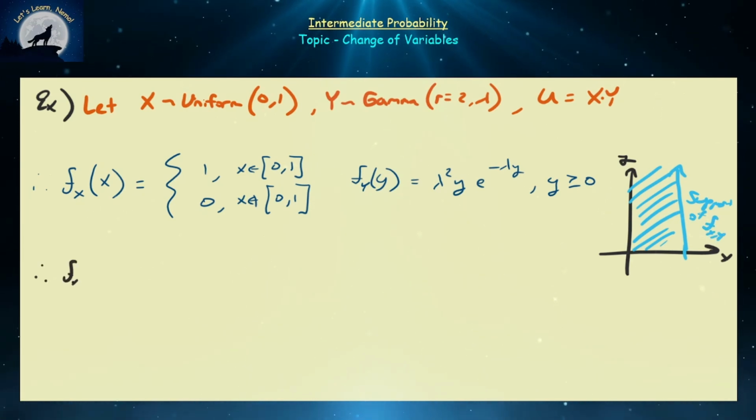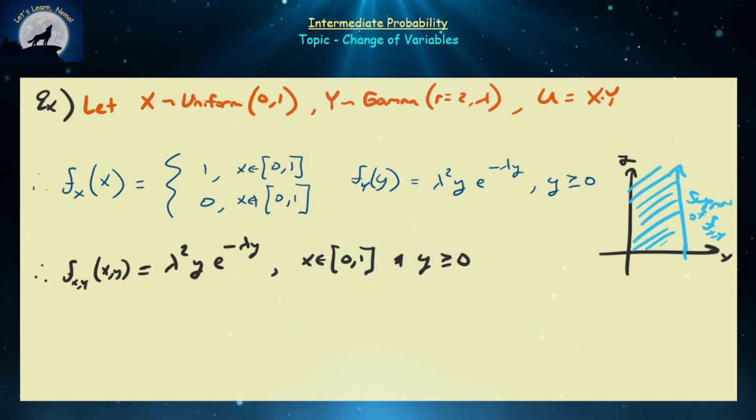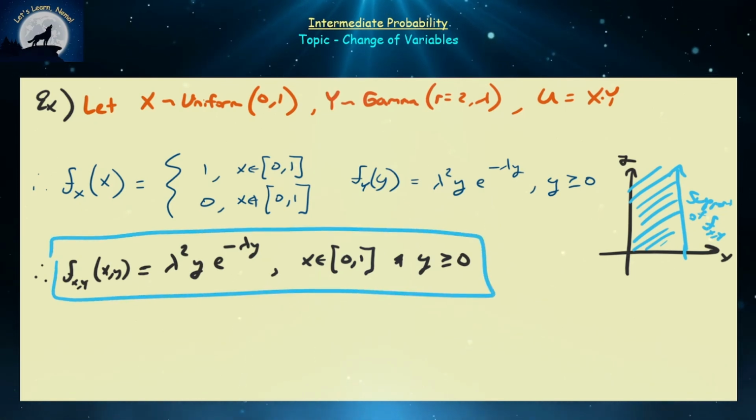Therefore, the joint density function f_XY(x, y) will be equal to 1 times f_Y, which is just f_Y. So it's going to be lambda squared y e to the minus lambda y, and that's true for x belonging to the closed interval [0, 1], and y greater than or equal to 0. So that's our joint density function between X and Y.